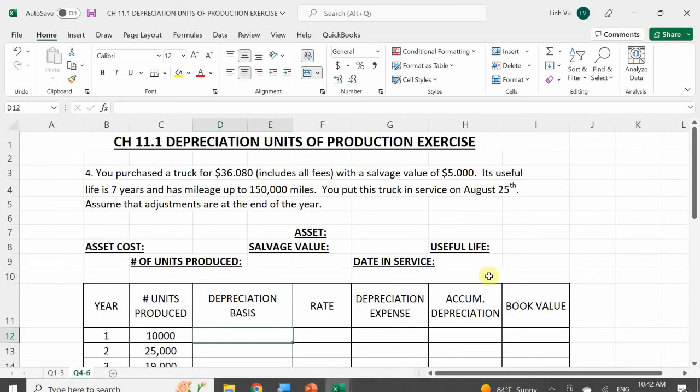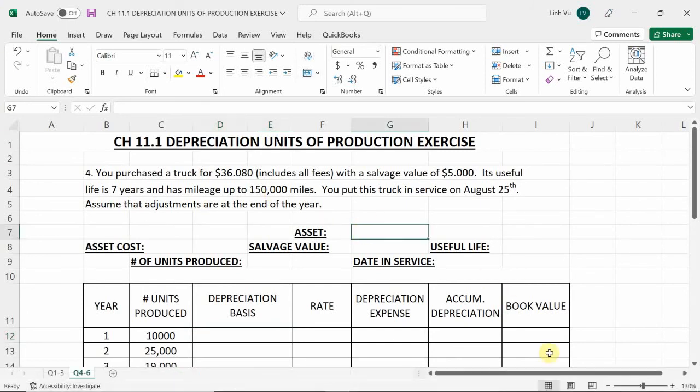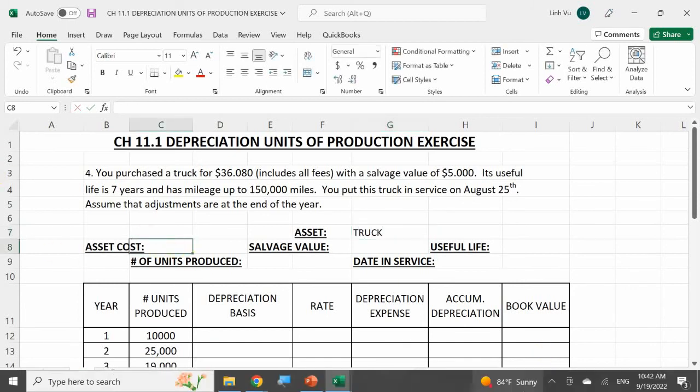So, what did we buy? We bought a truck. What was the total price? $36,080. Don't forget that 80. Okay. What's my salvage value? 5,000.